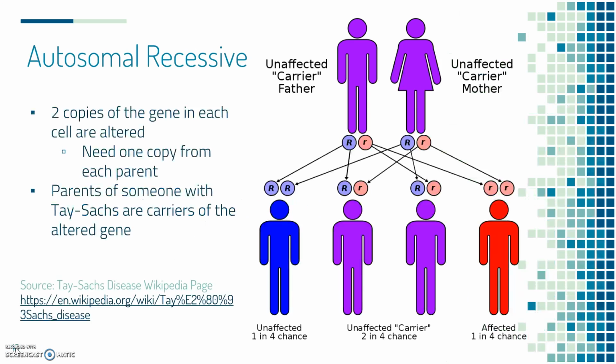So how is it inherited? It is an autosomal recessive disease, meaning that you need two copies of the gene to be affected, meaning you need one copy from each parent. And this diagram just shows how the alleles are passed on from parents to offspring, and the red is an affected child.